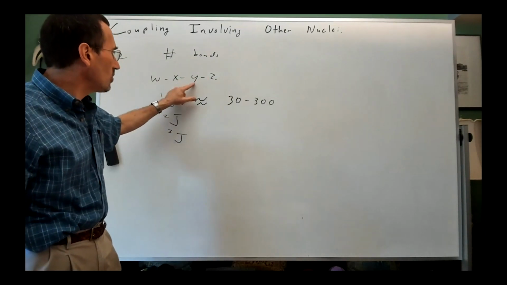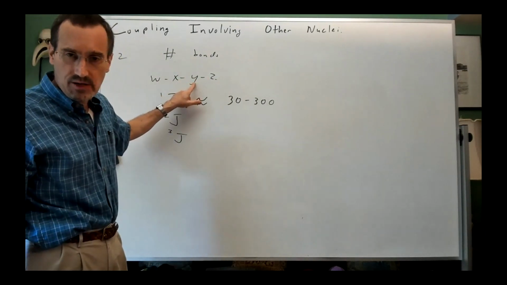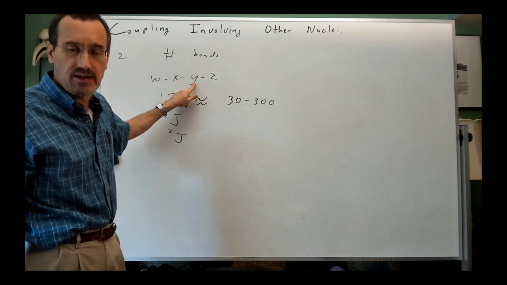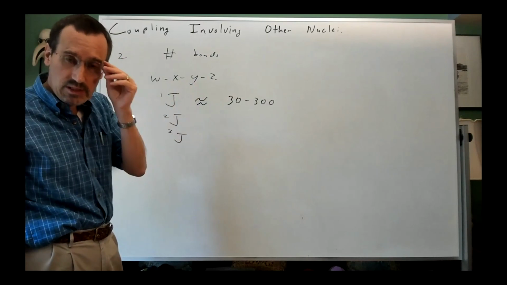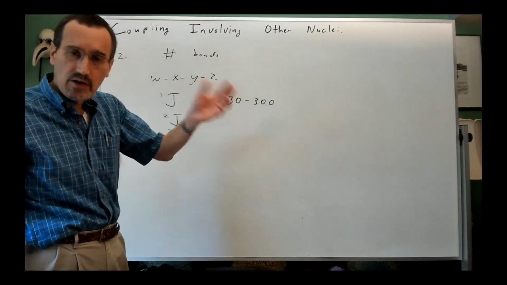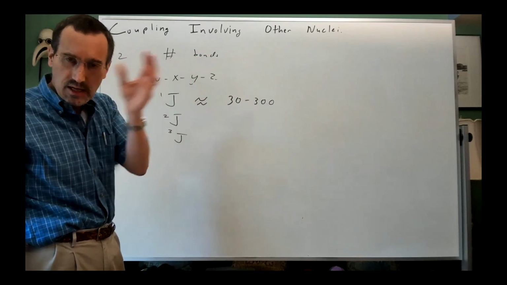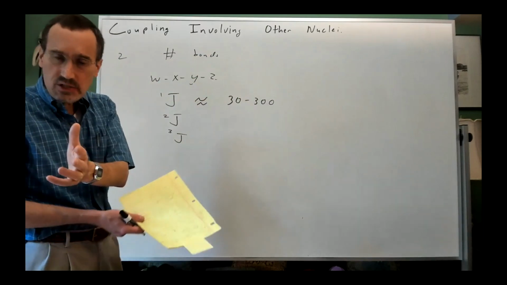In the case of a two bond coupling, like the geminal coupling we talked about in phenylalanine, a typical coupling might be 13 or 14 hertz. So if you compare 14 or 13 to 7, there's not that much difference.